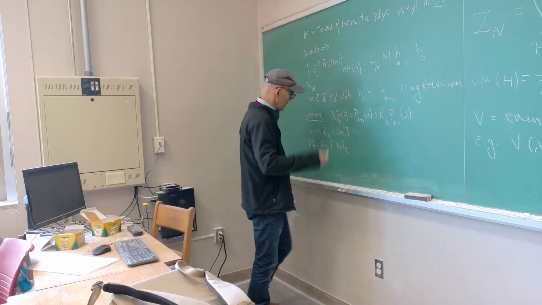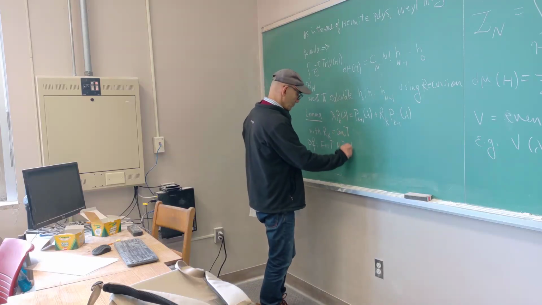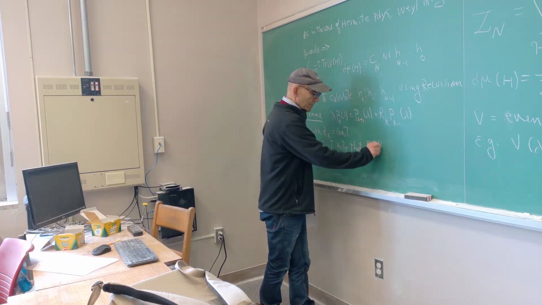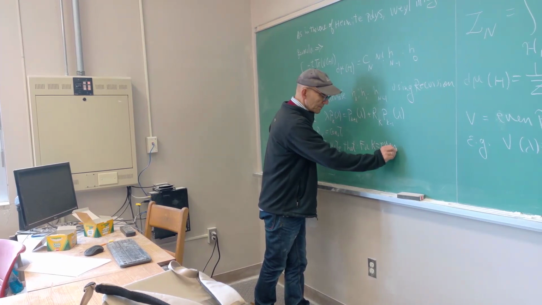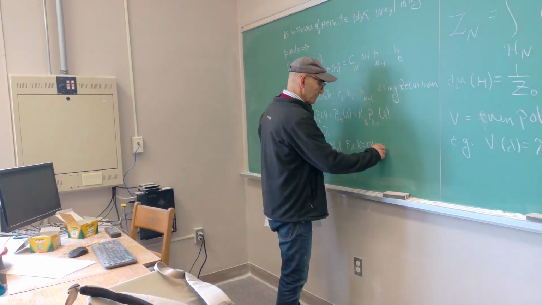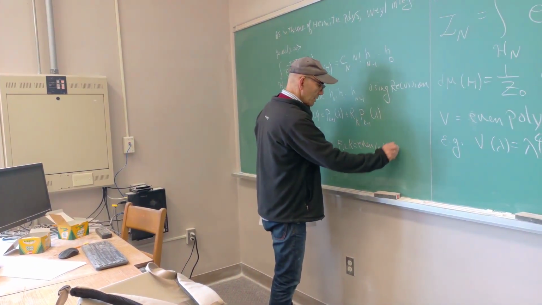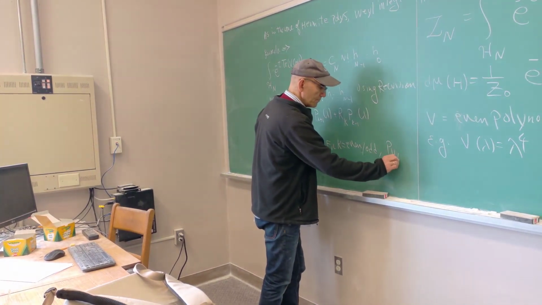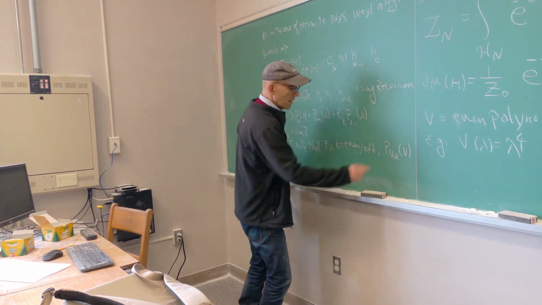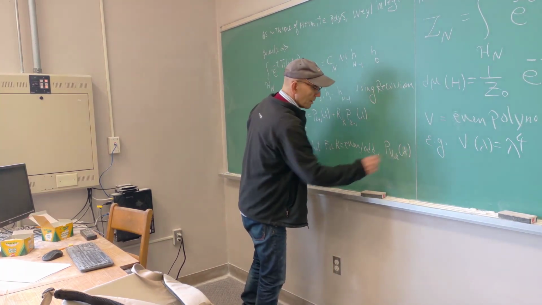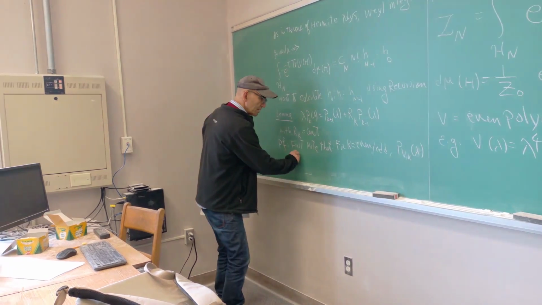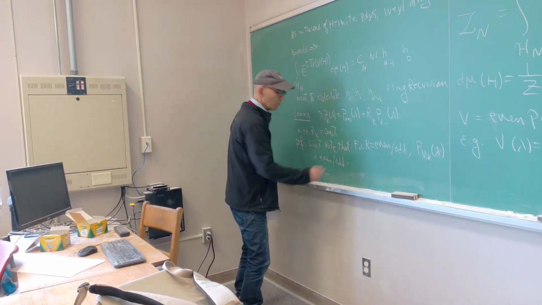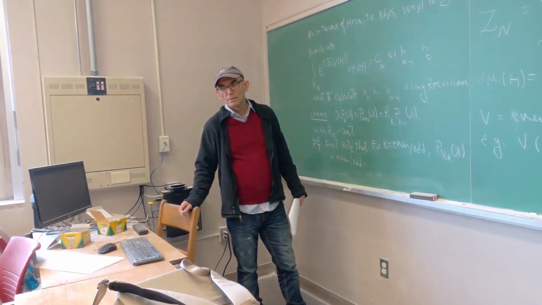I won't give the proof, but you can find it easily. First, note that for k even, respectively odd, P_{V,k} of lambda is an even, respectively odd, polynomial. This is what we have.